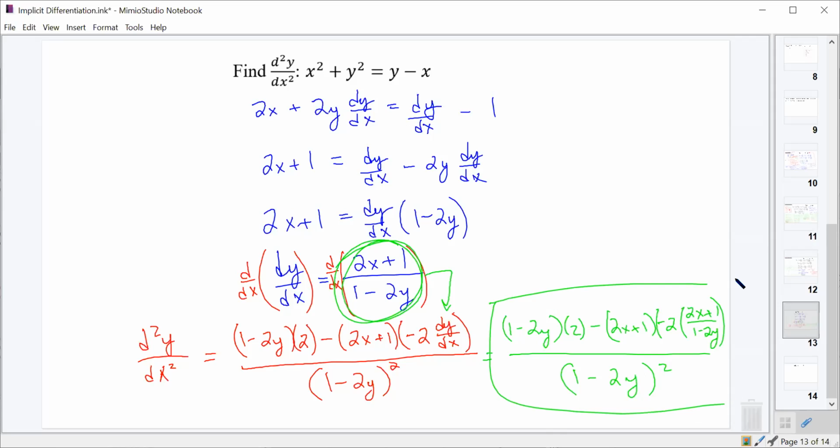And you don't need to simplify it any more than that. The only thing you could do would be to multiply by (1 minus 2y) over (1 minus 2y) over here so that you could get a common denominator and drop it to the bottom. But I don't need you to do that. Any questions on that one?